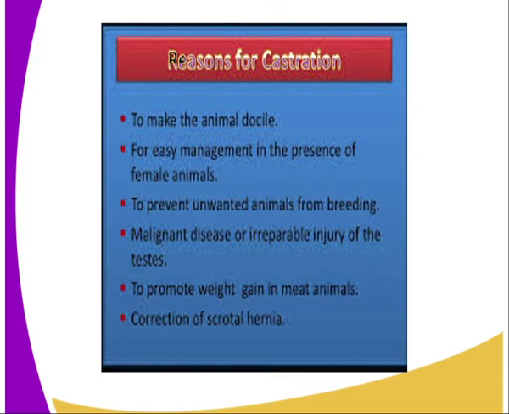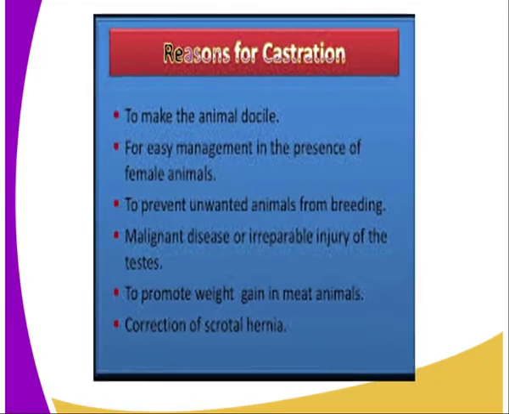Then to promote weight gain in meat animals, that is in beef animals, and also correction of scrotal hernia. And therefore those are the reasons why castration should be done.